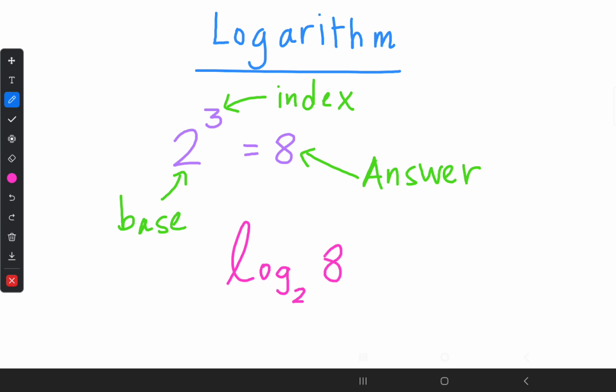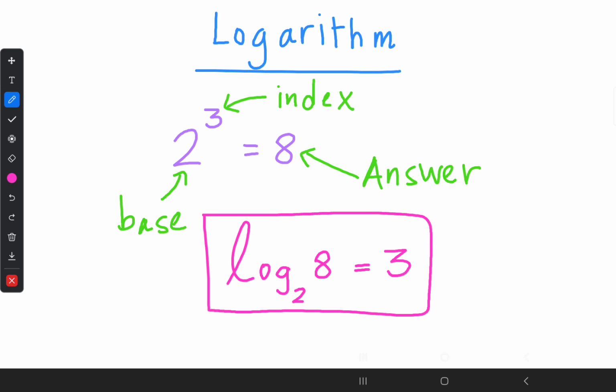The index should be located separately. So here we have log base 2 of 8 equals the index, 3. This is the conversion from index notation to logarithmic notation. Same as the previous one, the only difference is the positions of the components between these two notations.